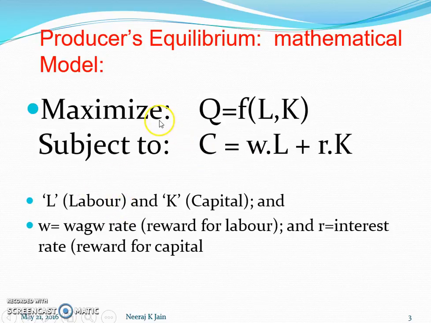That is, the maximization of production will be constrained by the cost given or the investment given, where C stands for that investment amount, that is cost, while W stands for the wage rate, L stands for labor, so wage into labor is labor fund, R, that is interest rate, into capital called interest fund. So the total cost is wage fund plus interest fund.